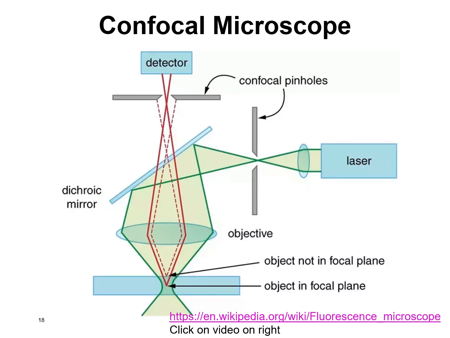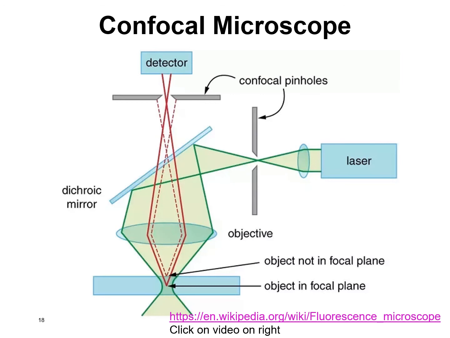Okay, and you don't need to know this part, but how the confocal microscope works is we're going to be using a laser beam that will shine onto our specimen here, and it's going to focus on one plane of the specimen at a time, and then that laser beam will then be reflected up to our detector here, and anything that's not in that plane of focus won't be detected by the computer.